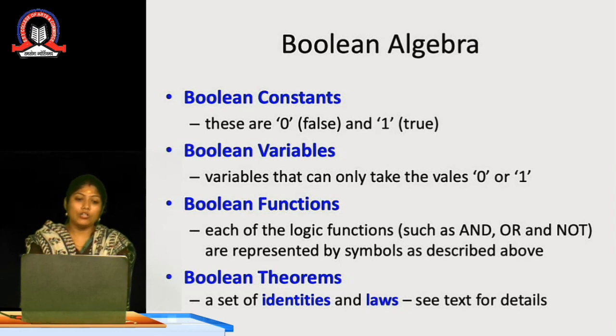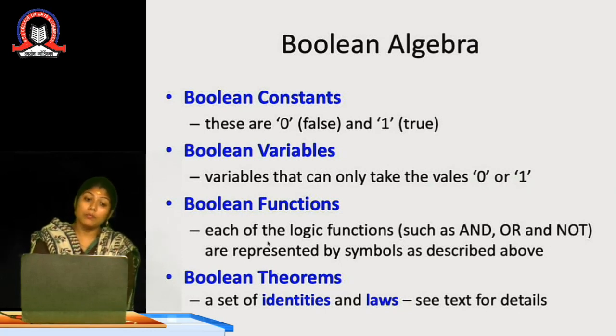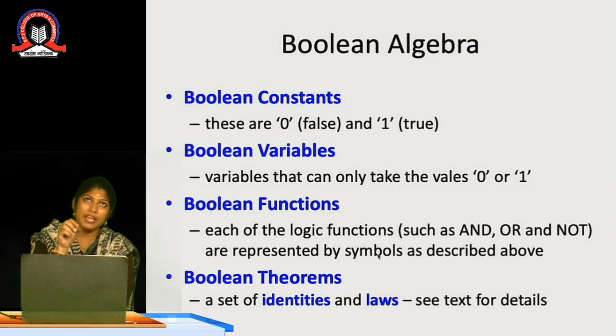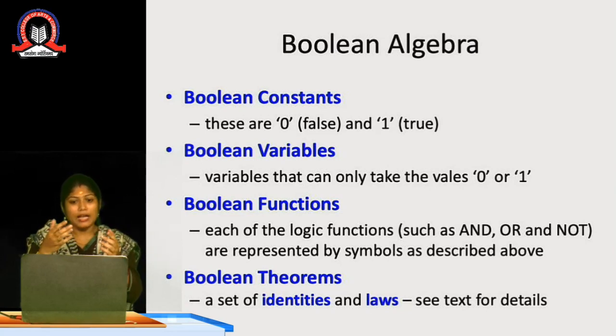When I talk about variables, we can only take the values 0 or 1. And when I talk about Boolean functions, we are using different logic functions. It can be AND or NOT. Suppose I am using A into B. In that, A and B are the variables, which take the logic values 0 and 1, and multiplication is the function.